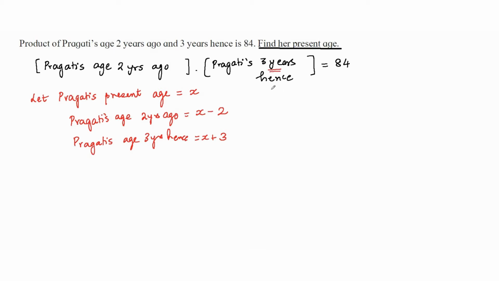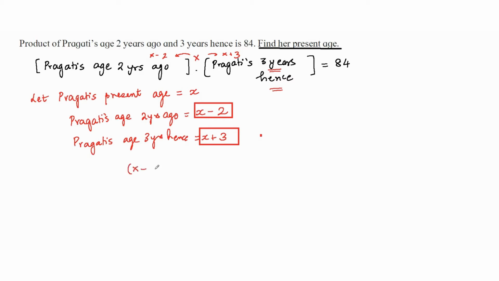So this 3 years hence is from today. It's not from 2 years ago. It is from today. So if the age today is x, then 2 years ago the age is x minus 2, and 3 years hence the age is going to be x plus 3, which is what we have taken here. Now the product of these two ages is 84.